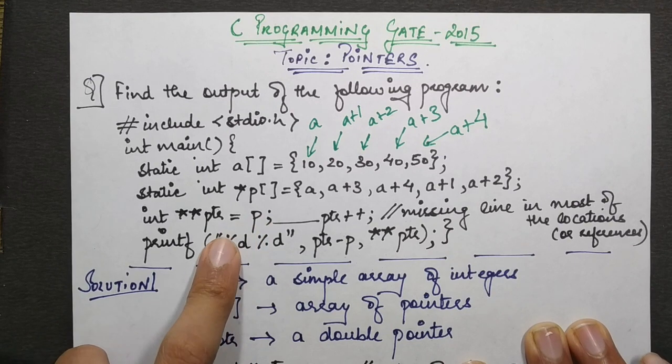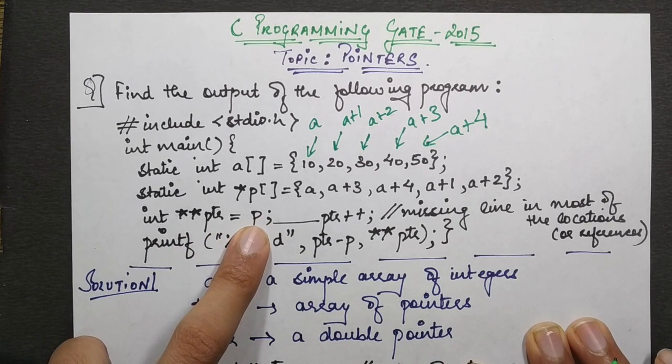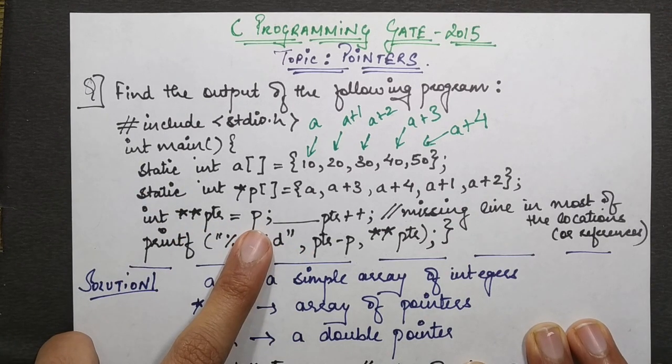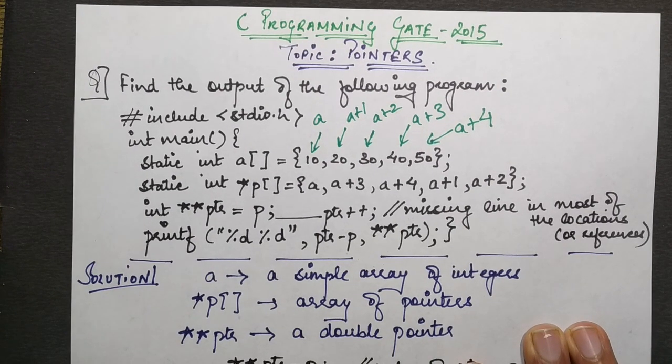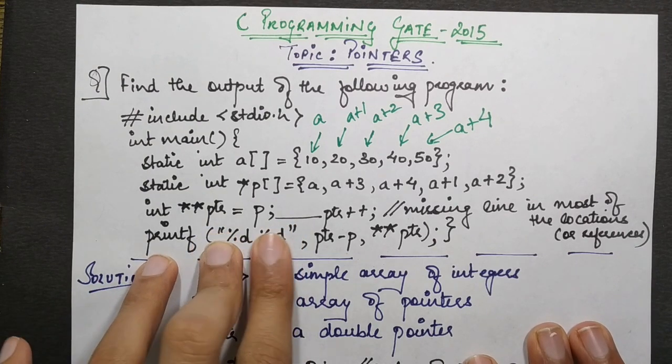Just keep it till here. Things become much simpler if you take this p as a variable for now. I don't know anything about this p except that it is a variable, and this ptr is p. Okay, let's move on.